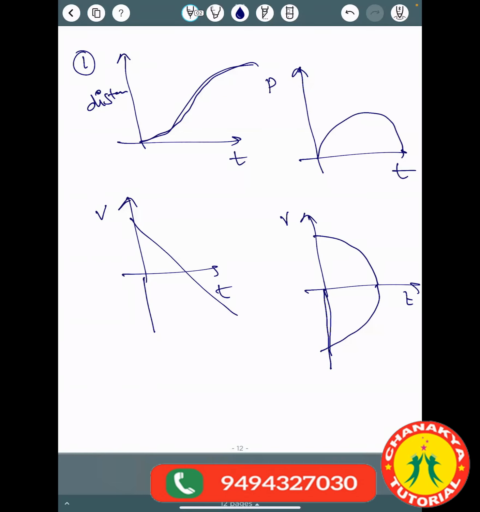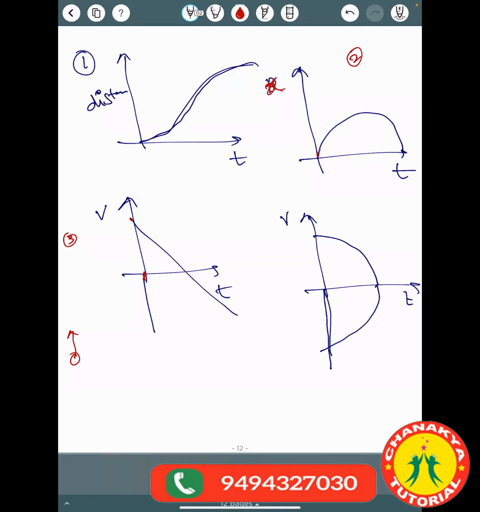See how you should approach. If you see this graph, velocity, third option, we know that this is a graph of throwing a ball up. Correct? Yes, sir. Then if you see the second graph, this is position versus time, that means x versus t only.